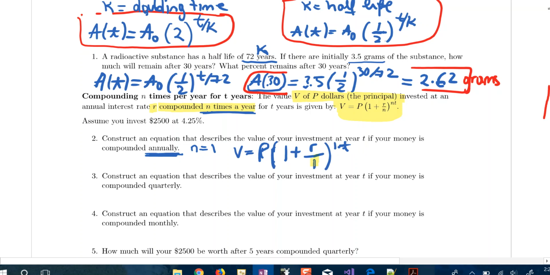The only thing we change is that we let n equal 1 because it's annually. So therefore the equation is V equals P times (1 plus r) to the t. So that's the equation, where P is 2,500, and then 1 plus the rate, which is 4.25%. We always use it as a decimal, so it'll be 1 plus 0.0425, to the t.